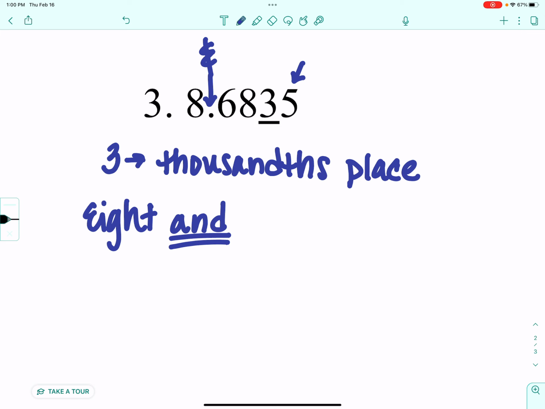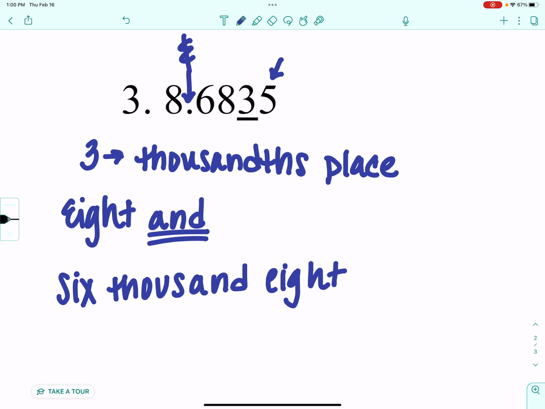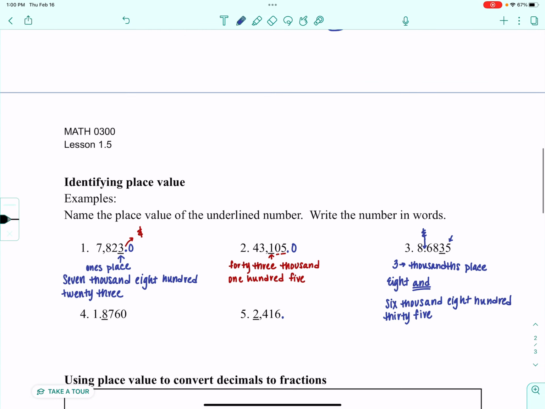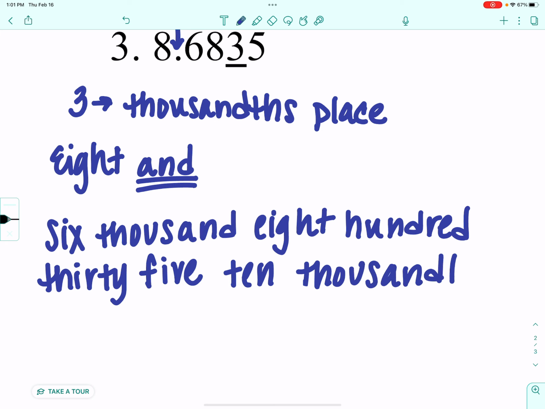Then I have 6 thousand 800 35 10,000ths. That's a mouthful.